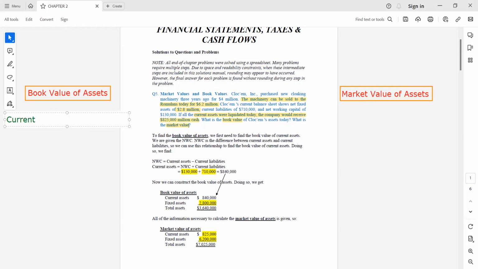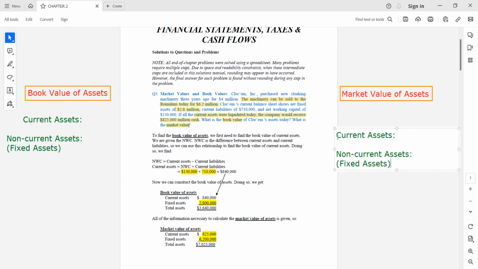So we want to find the book value of the current assets and the book value of the non-current assets. When I say non-current assets, it means fixed assets. I believe you all know this already. At the same time, we want to find the market value of these two components.